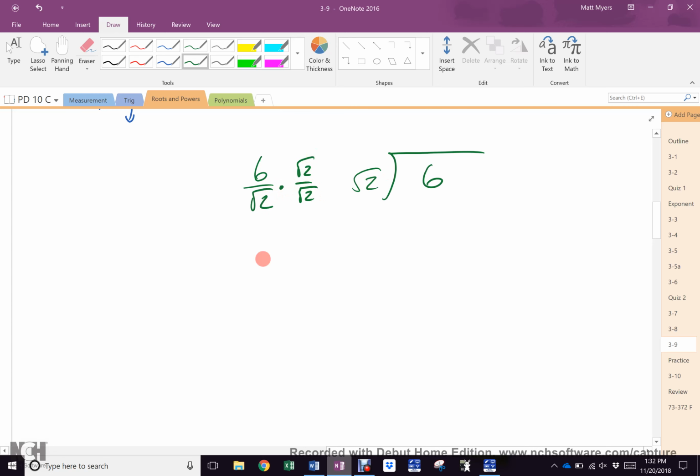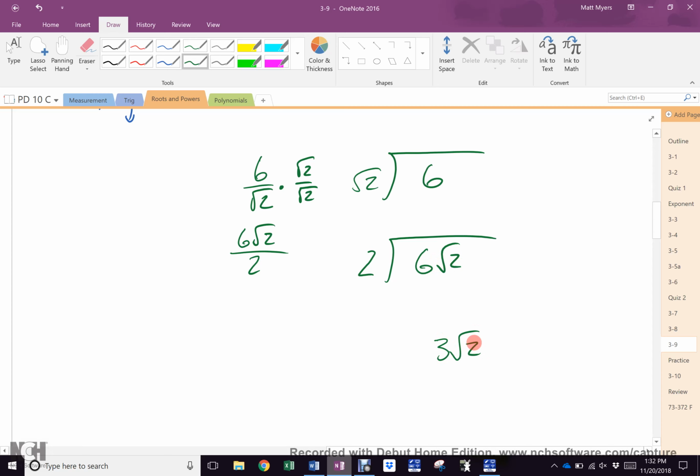What is root 2 times root 2? 2. And on top, I have 6 root 2 now, correct? So now I have 2 dividing into 6 root 2, correct? That we can divide by 2. Because there's 6 root 2's, divide it by 2, there will be 3 root 2's left.